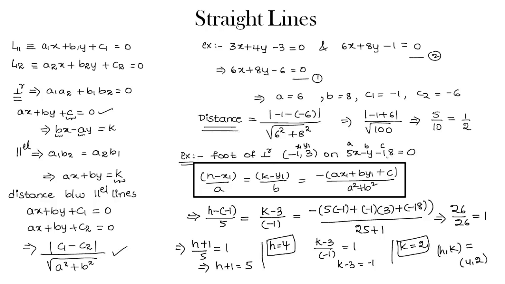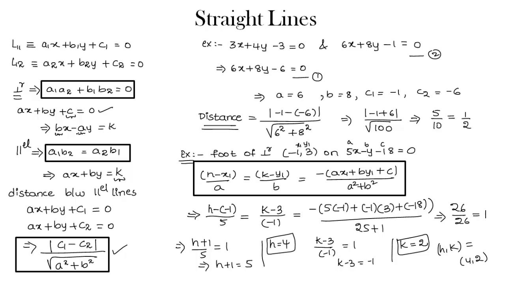And make a note of these conditions as well as the equation of a line parallel as well as perpendicular to the given line, and this is the formula to find the distance between two parallel lines, whereas this is the formula to find the foot of the perpendicular from the point P x1 comma y1 on the given line.